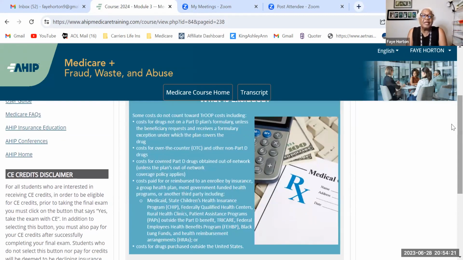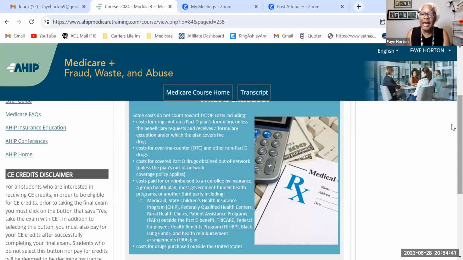These costs do not count towards your TrOOP cost. Costs for drugs not on the Part D plan's formulary, unless the beneficiary requests and receives a formulary exception under which the plan covers the drug.